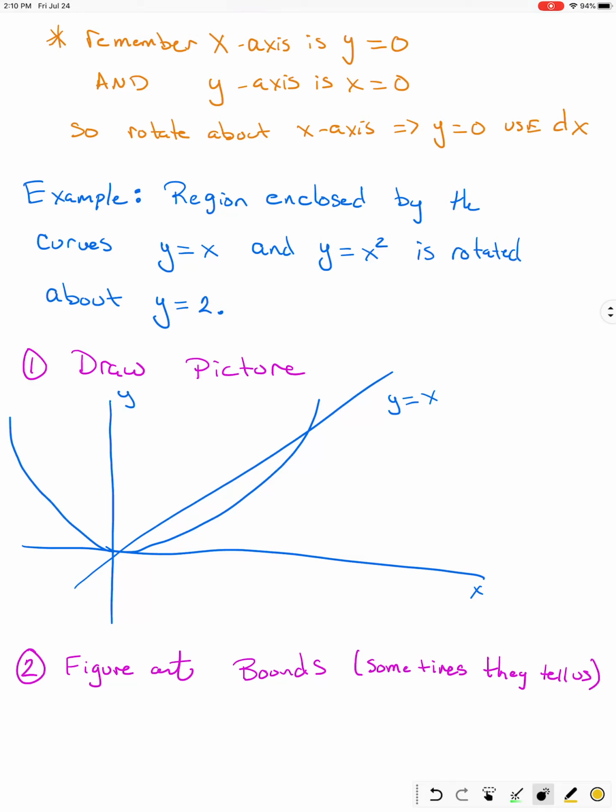But I'm familiar enough with y equals x and y equals x squared to know that this is going to be above that. So this is y equals 2. And then most people draw a little arrow to remind us it's going to rotate.